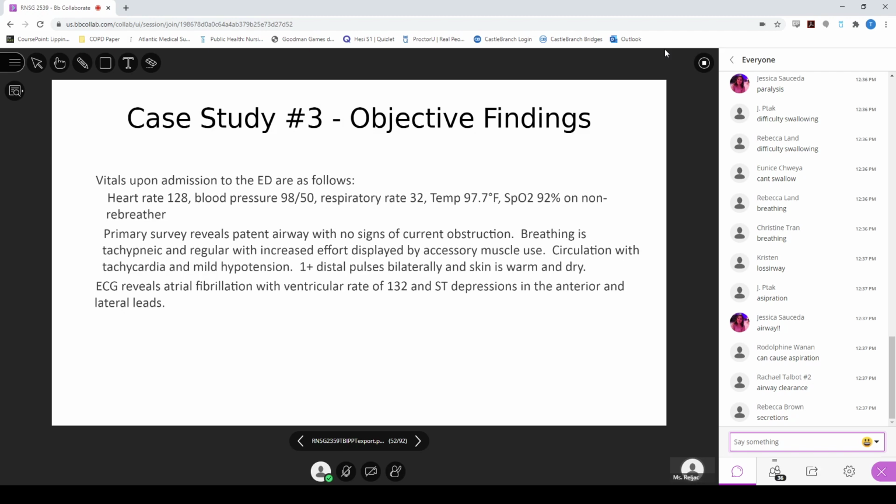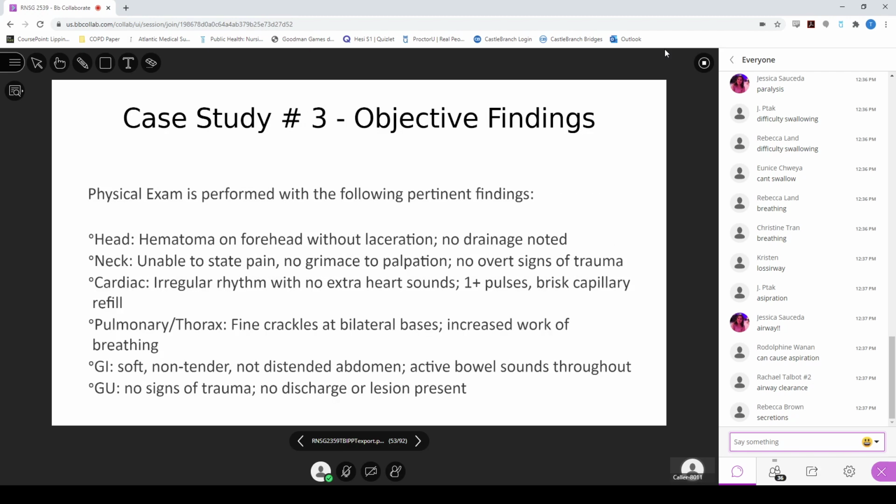Okay, so in your physical exam on this patient that we talked about, that we got the report on last time, she does have a hematoma on her head, but she does not have a laceration, and there's no drainage noted. So the neck, she's unable to state pain, but she does grimace whenever you palpate that area. She has no overt signs of trauma. She has irregular rate and irregular rhythm, with no extra heart sounds.